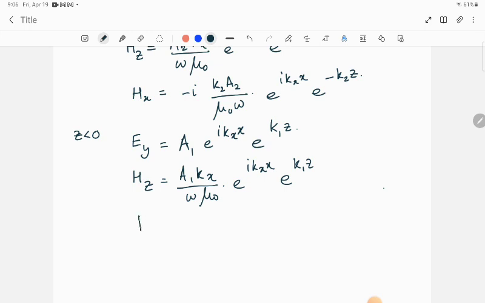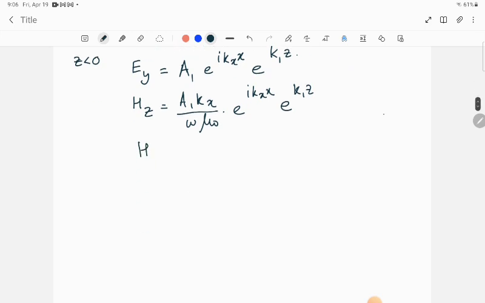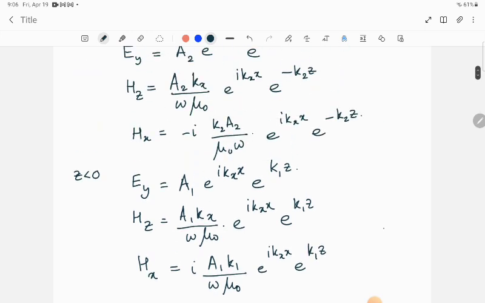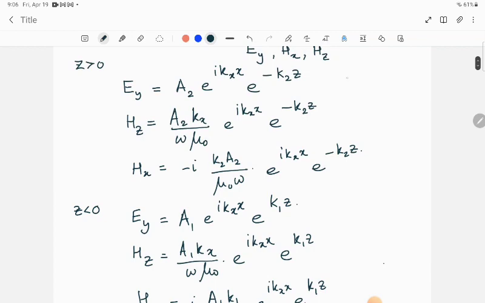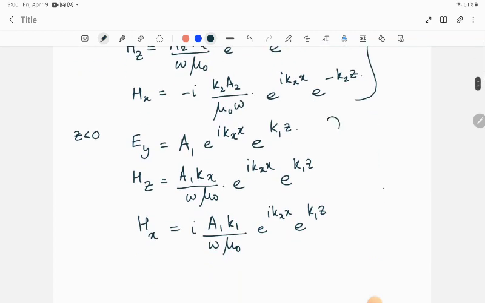These factors are the same, and finally we have Hx equal to i A1 k1 by omega mu naught exponential. So this is what we have as the 6 relations. These 3 for the upper region, which is the dielectric, and these 3 for the conducting region.